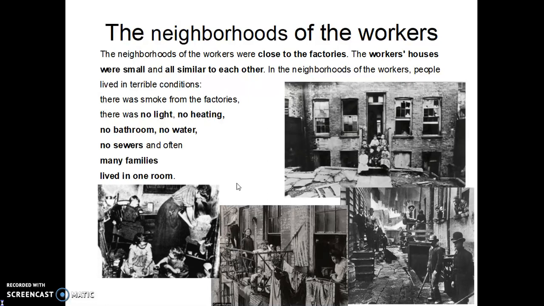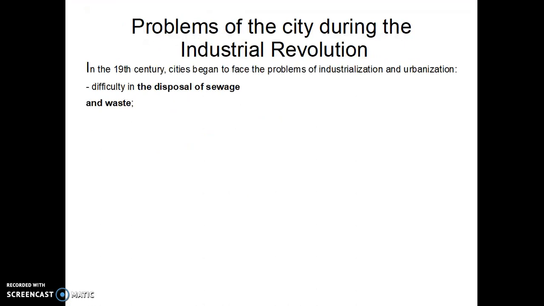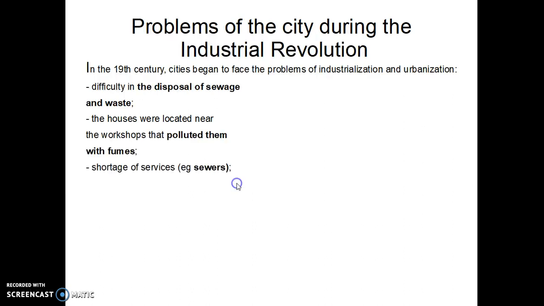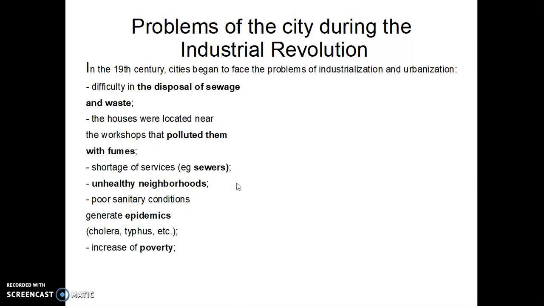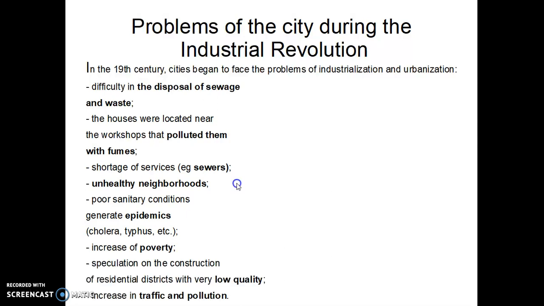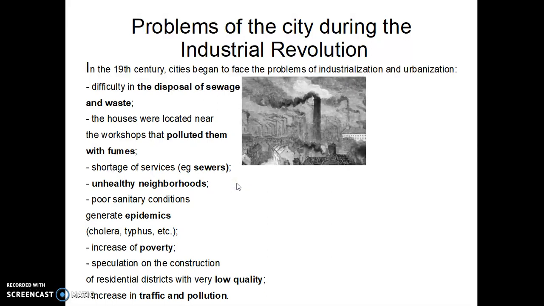In the 19th century, cities began to face the problems of industrialization and urbanization, like difficulty in the disposal of sewage and waste, or the houses of the poor people were located near the workshops that polluted them with fumes, shortage of services, e.g. sewers.